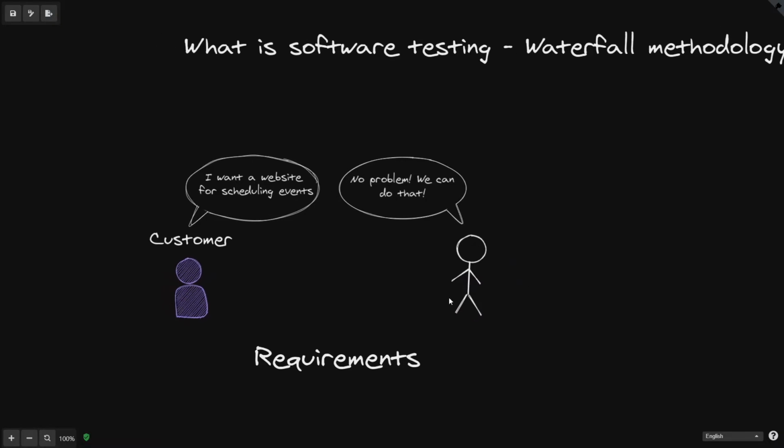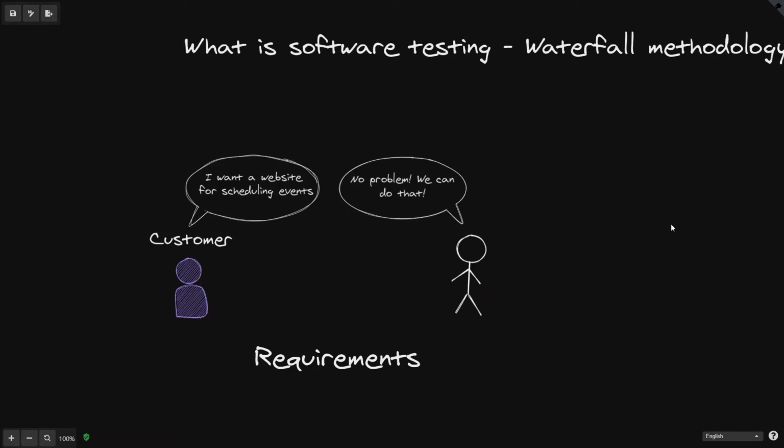So imagine that you are representing a software development company and you have a meeting with the customer. The customer says, "Hey, I want a website for scheduling events." And you say, "No problem, we can do that. How would you like the website to be? What do you want to be included in that website?"